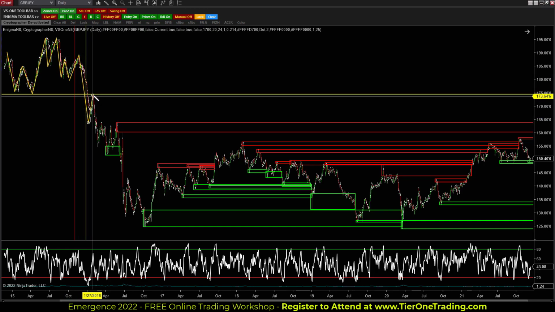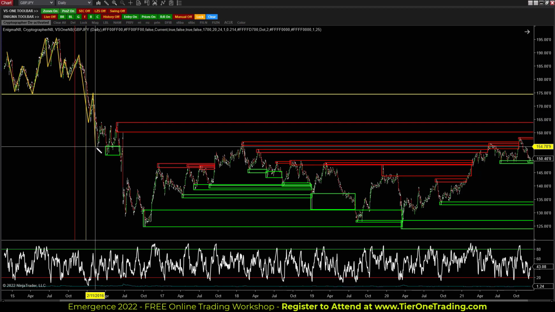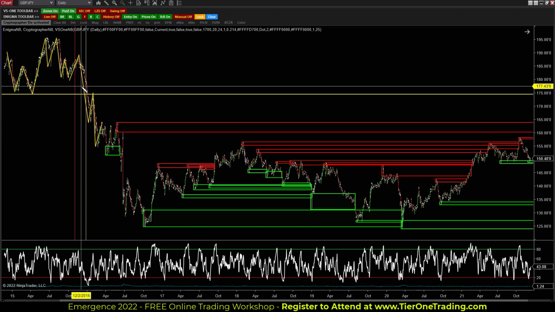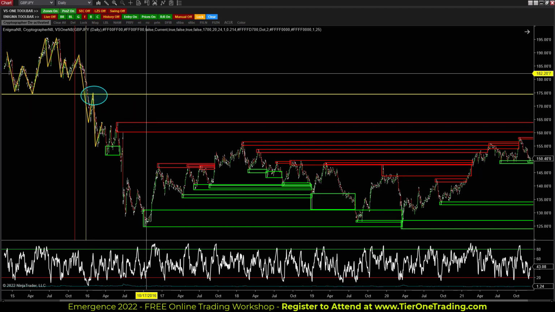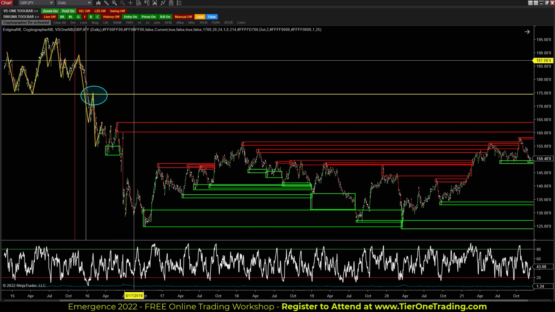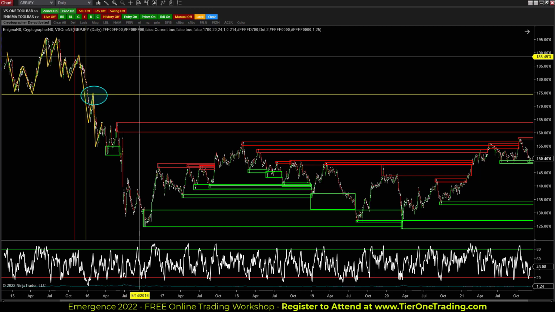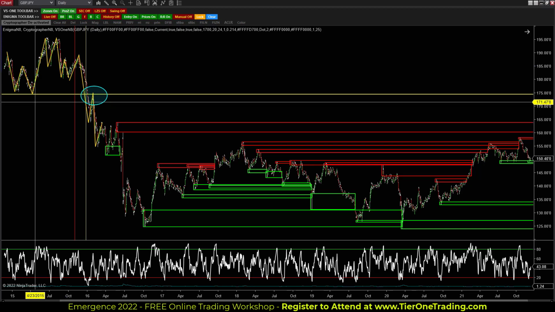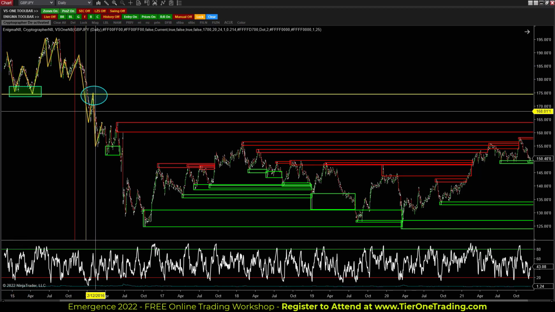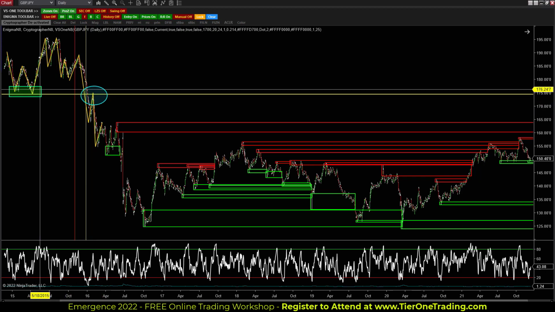Oh, here's our pullback. What do we have here? Our most recent level of outside structure, correct? Would you guys agree? We also have a structure swap. Oh, look, another one. Previous support, smashed and violated, retested as resistance.